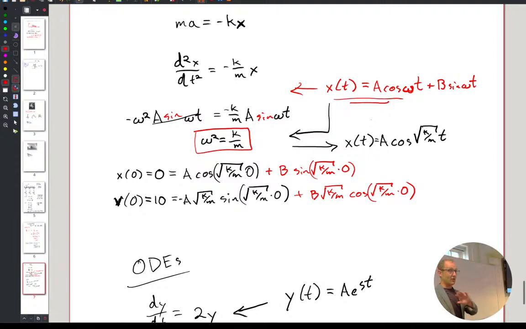This is a quick crash course on differential equations, and I'm skipping over a lot of the power series and calculus. This is just what we need to know to solve differential equations. There's lots of other cool stuff you can learn about ODEs, but we don't need it for this. All we need to know is that d squared x dt squared equals negative omega squared x is always a cosine plus a sine.